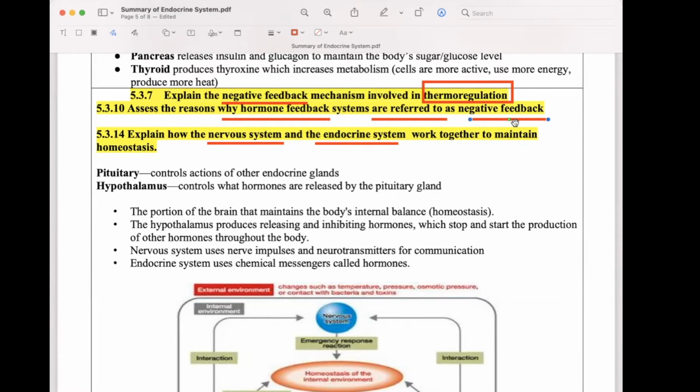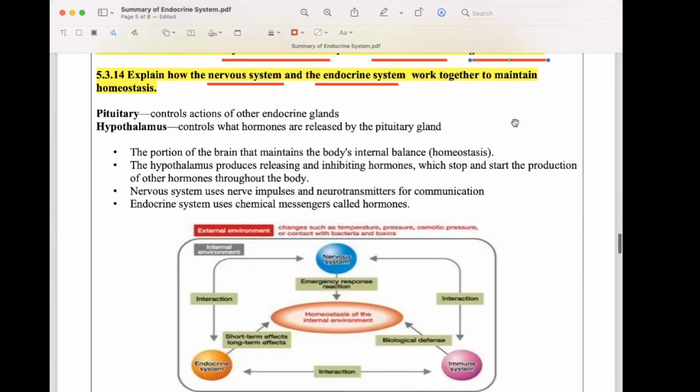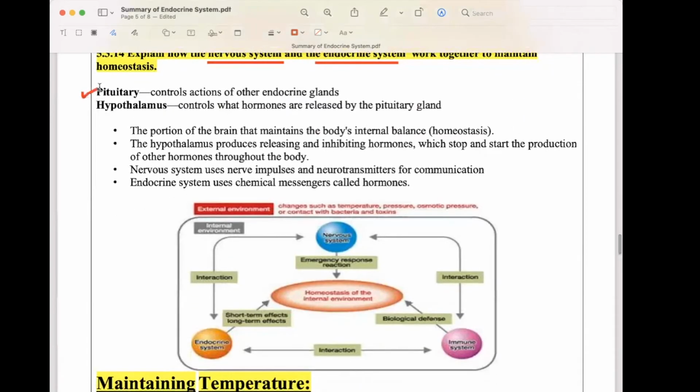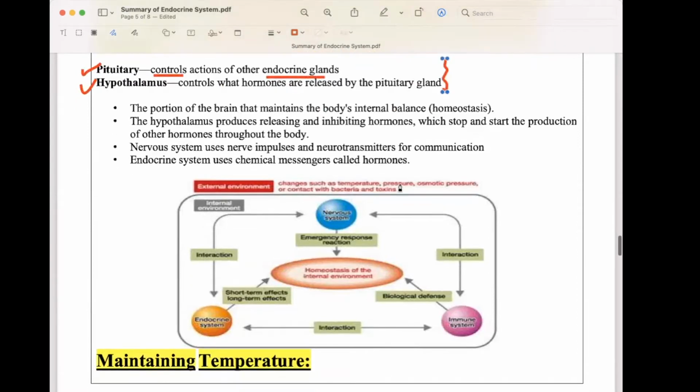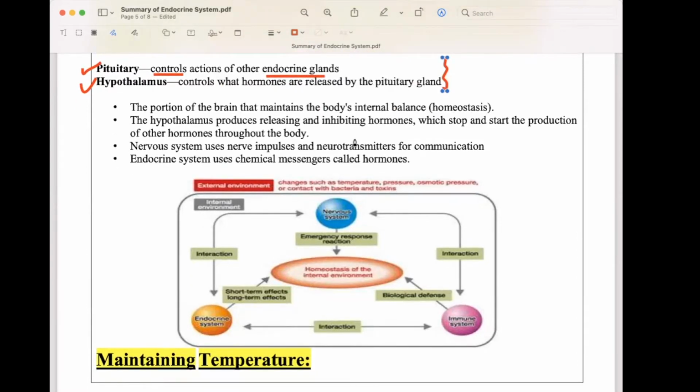Whenever some hormones are released, they bring the body conditions back to normal. Pituitary gland and the hypothalamus are the two parts of the brain which control the actions of the endocrine system. It means that these are the parts of the nervous system that work together with your hormonal system.